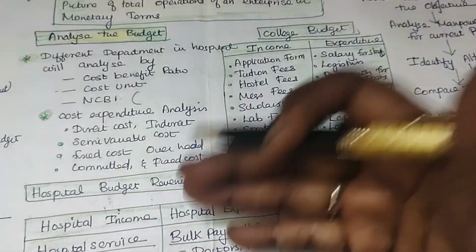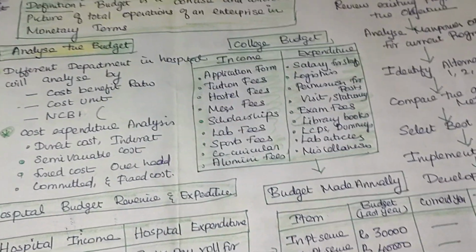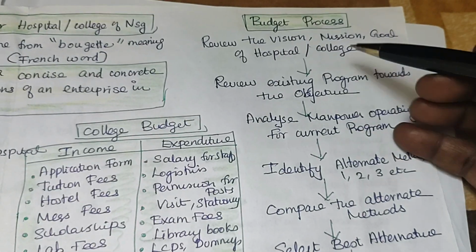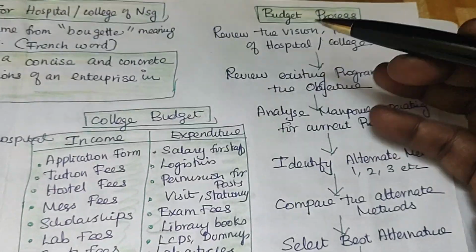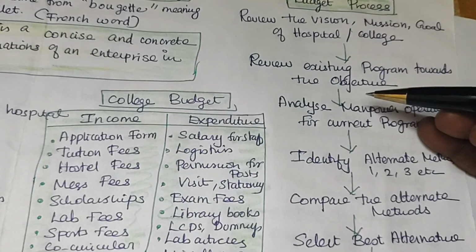If you want to build a hospital or put a budget for the hospital or college of nursing, then you first follow this rule. So the budget process you have to follow. First, you understand what is the vision of your hospital and the mission of your college of nursing.